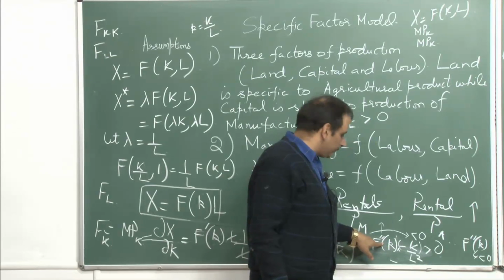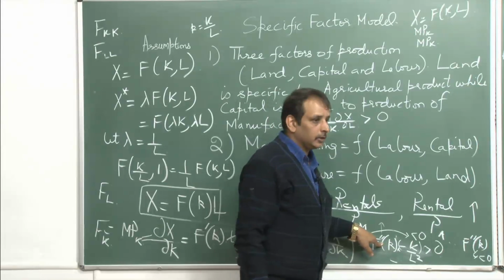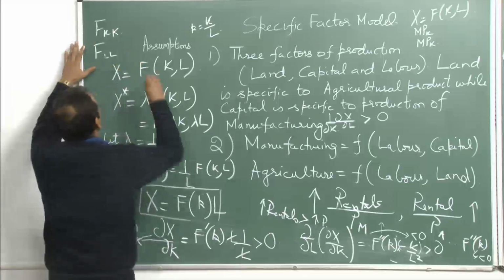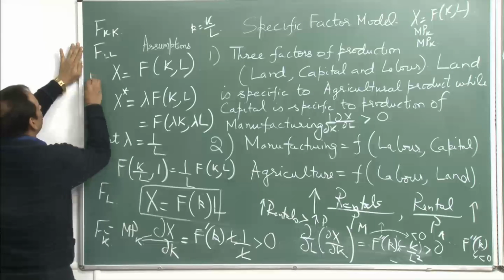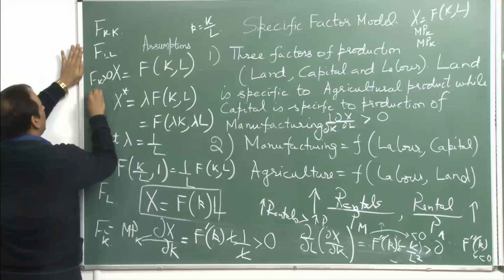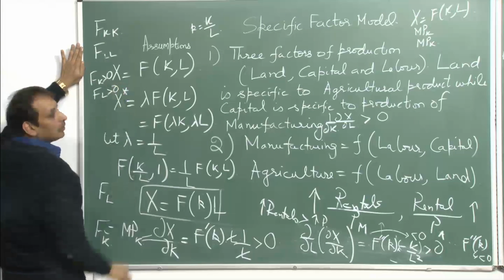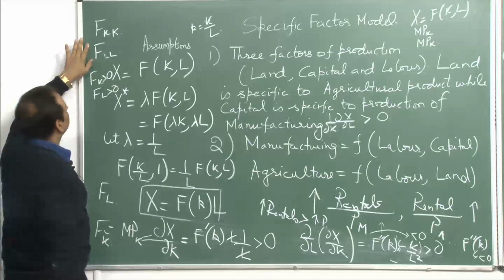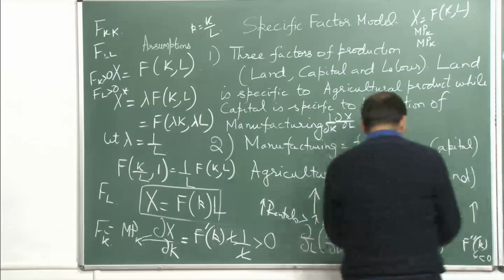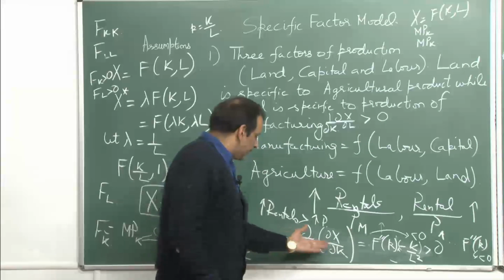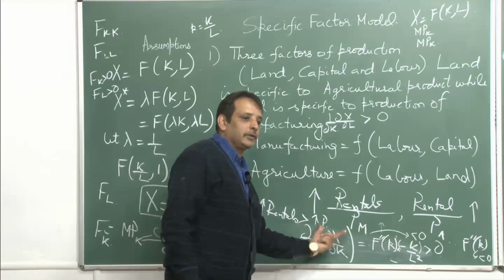And I am saying this will turn out to be negative, because in the neoclassical production function you assume Fk to be greater than 0, Fl to be greater than 0, right, Fkk, Fll to be less than 0. So, if you do that exercise, you will see that with an increase in labor, this marginal productivity of capital goes up.